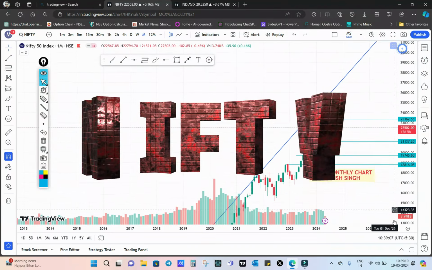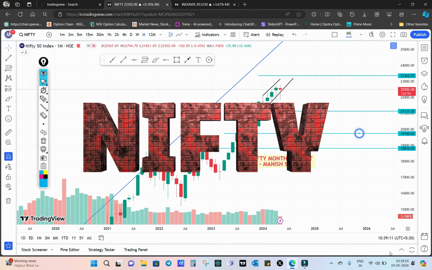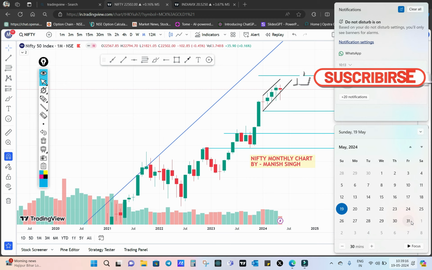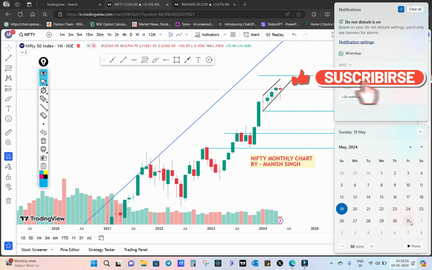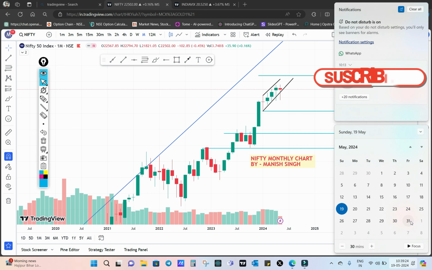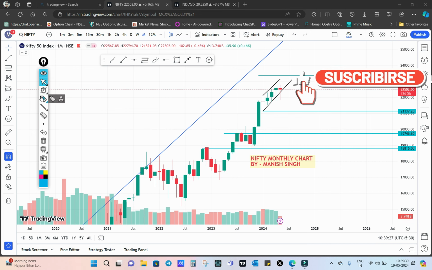This is the Nifty monthly chart, and this May month is going to get over on 31st of May, right? That is a Friday. So we have exactly 2 full weeks for the completion of this candle.